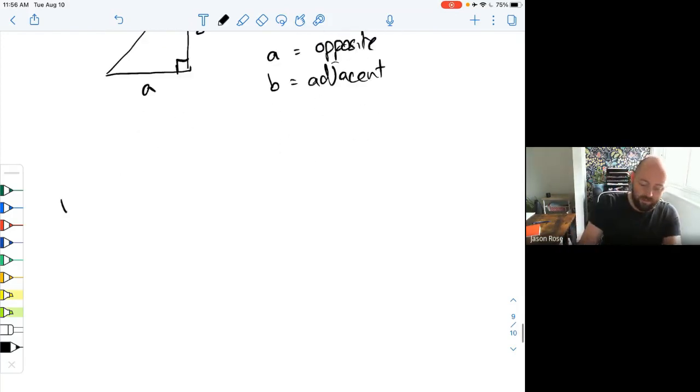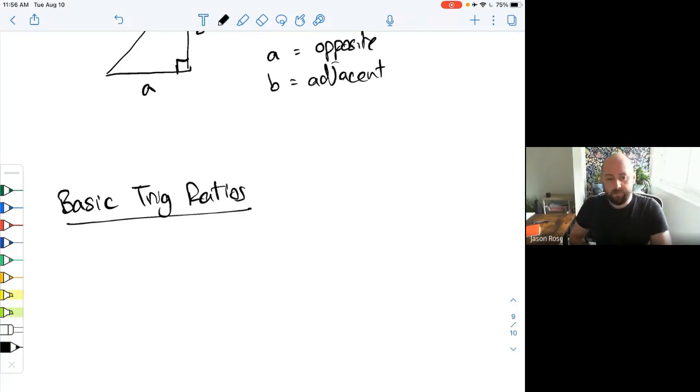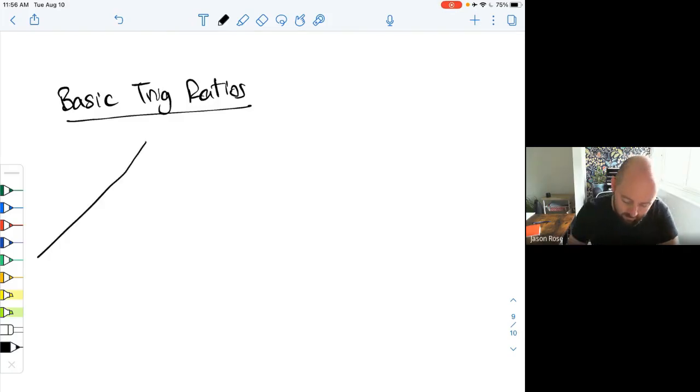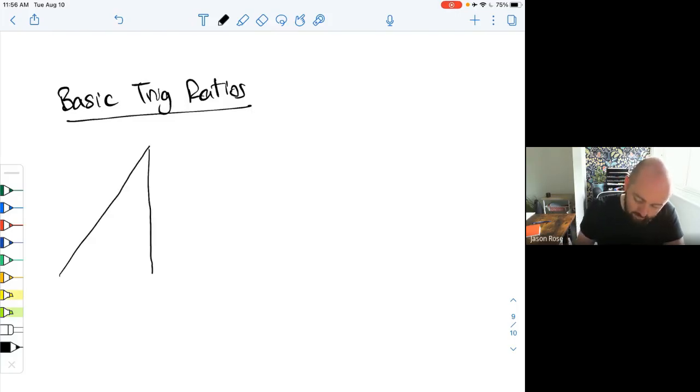Okay, this moves us on to sine, cosine, and tan, which are the basic trig ratios. Again, I'm going to draw another triangle, sorry, my drawing isn't great today, another right angle triangle.